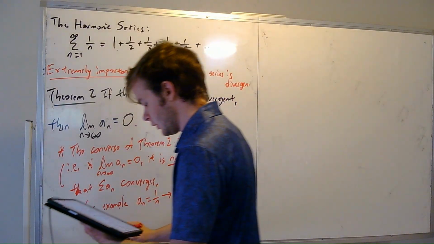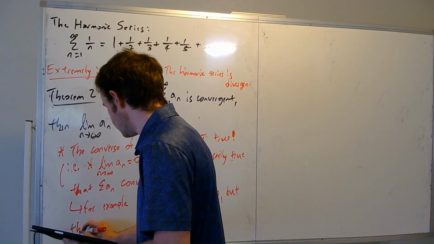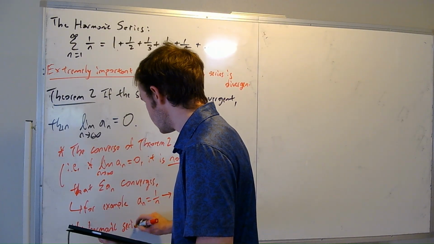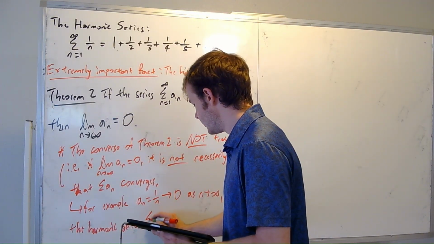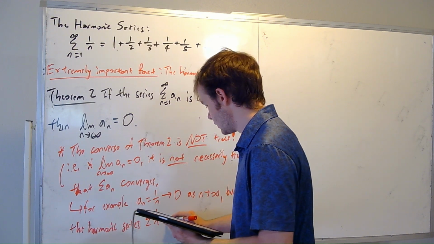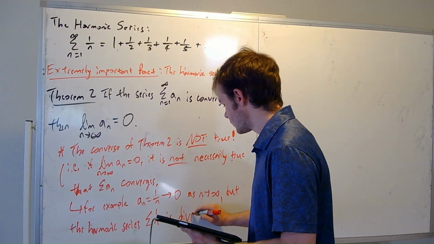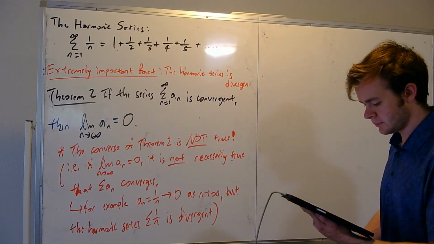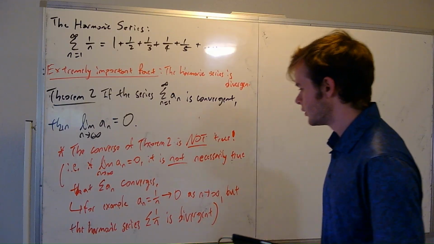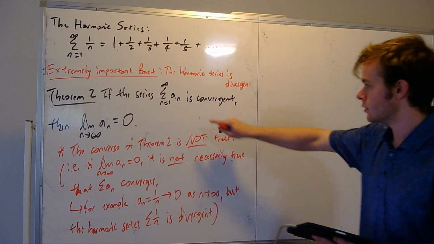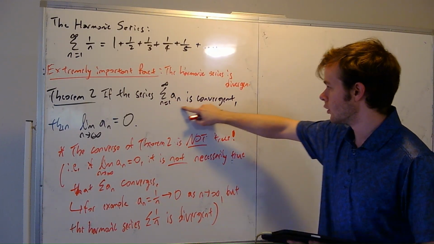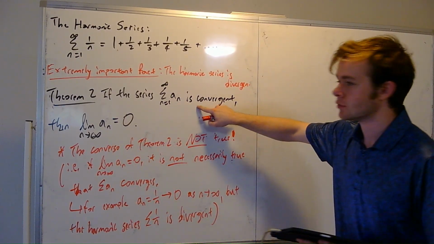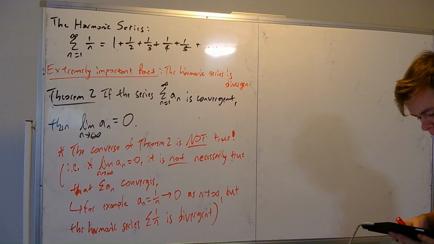So, the harmonic series, the sum 1 over n, is divergent. Okay, so you just have to be pretty careful there, because you can say one direction, if this holds, then this holds, but if this holds, then the first statement doesn't necessarily hold.